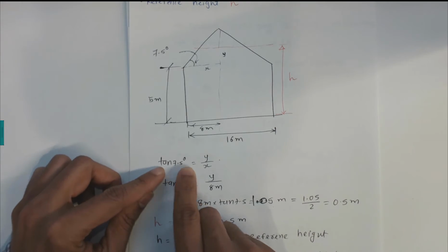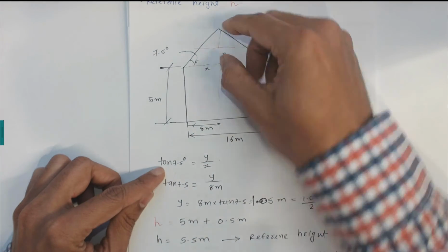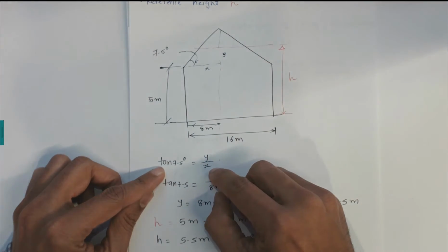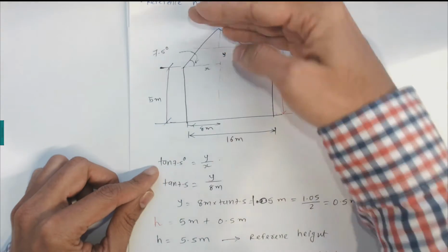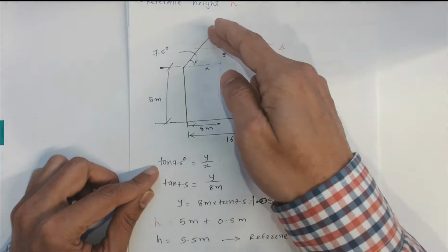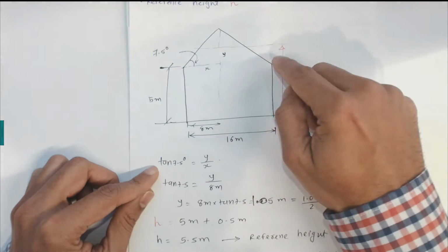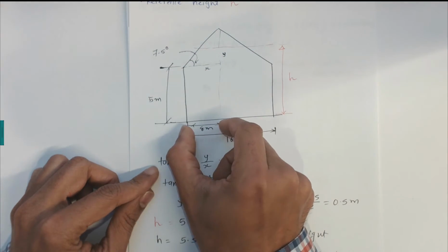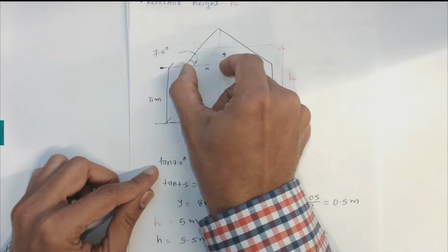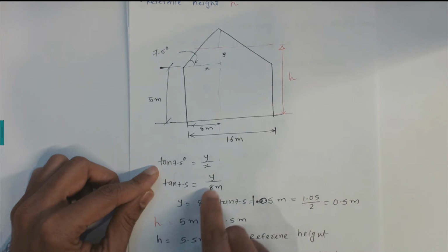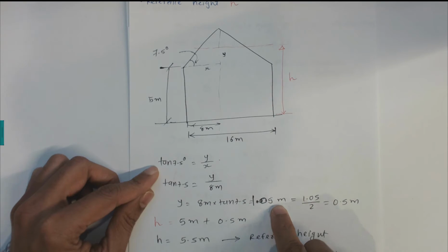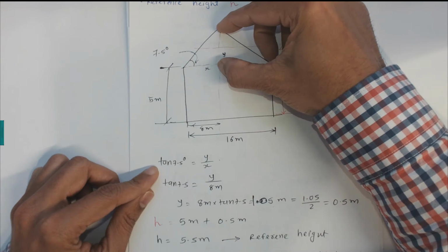So tan 7.5 is equal to opposite over adjacent, y over x. As you can see, this is a symmetrical triangle. So I can say that this length is 8 meters, half of the span. Substituting x equal to 8, y equals 8 times tan 7.5 degrees, which is equal to 1.05 meters. This is the height, 1.05 meters here.